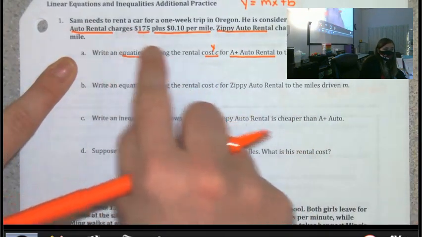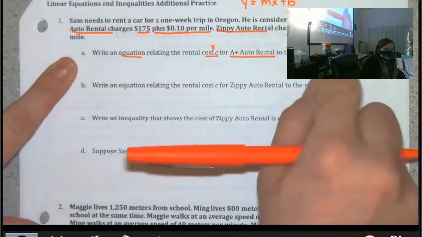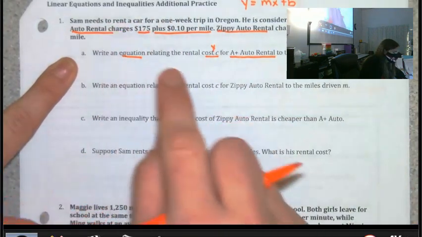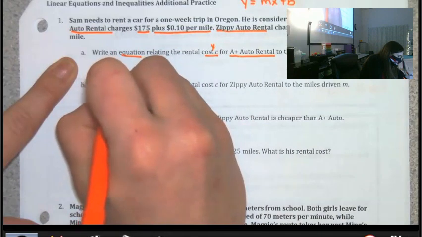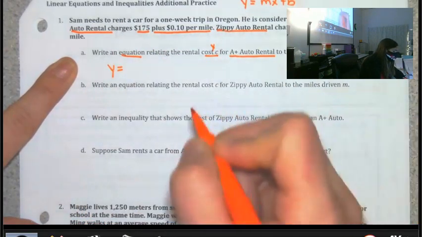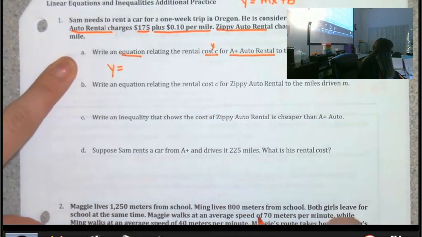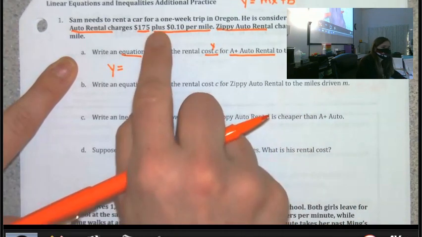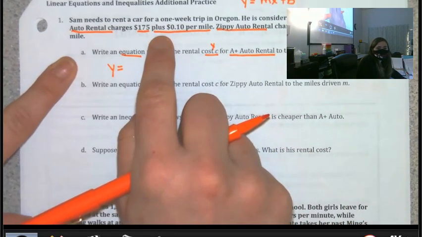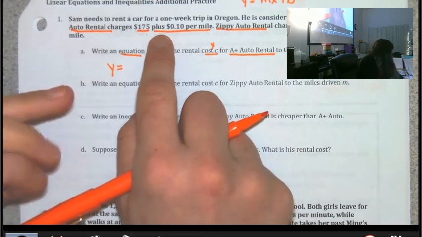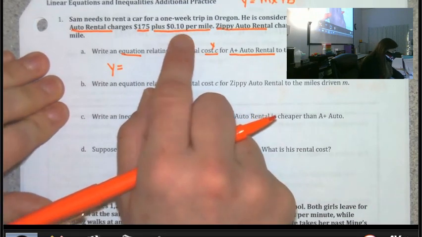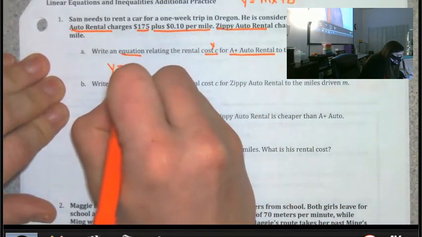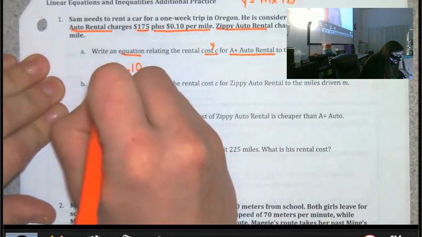So go back up here. For A Plus Auto Rental, what's my slope? Let's change it up. What is my slope for A Plus Auto Rental? What am I being charged per mile? 10 cents per mile, right? So that is going to be my slope. So 0.10.